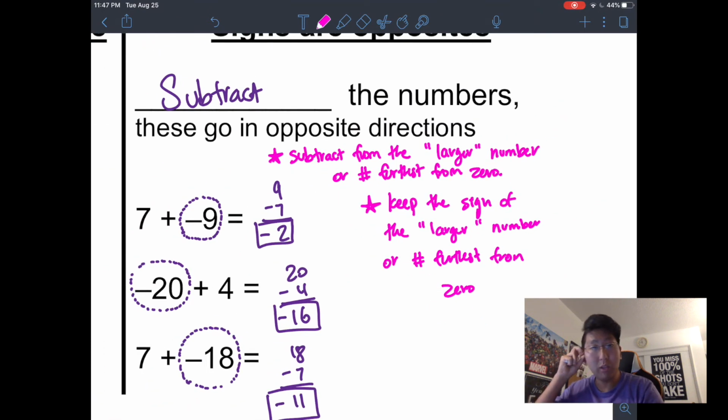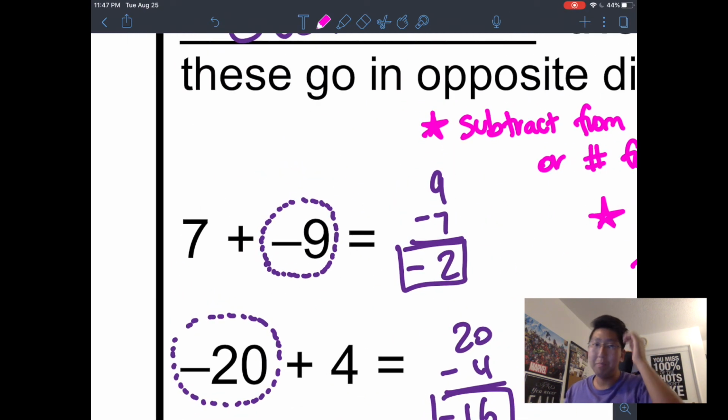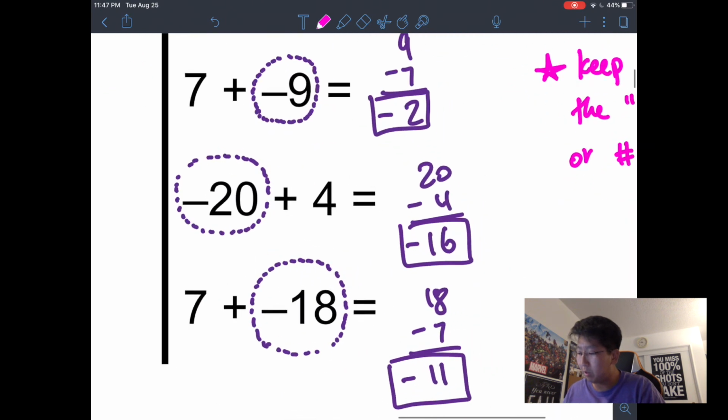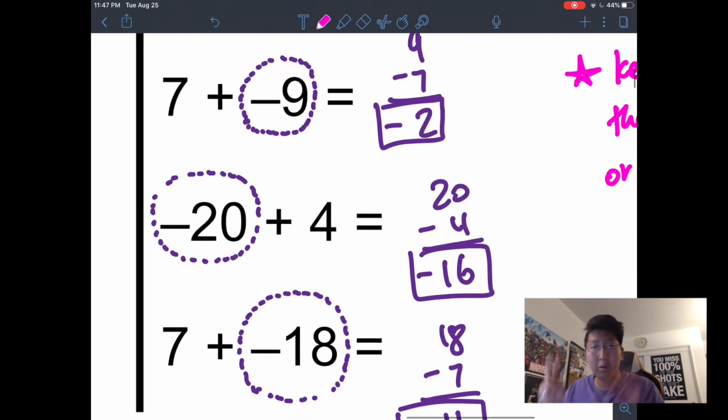So those are the two keys. We want to know what the larger number is, right? -9 or 7. Technically, -9 is not larger, but what number is further from 0? Or we could just look at 9. 9 is larger than 7, but it's a negative number. Okay, so we're going to keep that negative sign. So all these examples are negative answers because the number that is larger is a negative number.